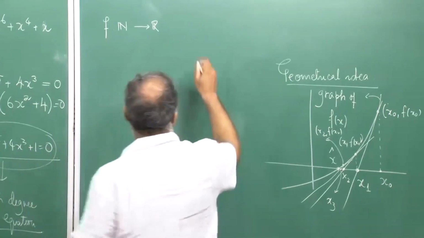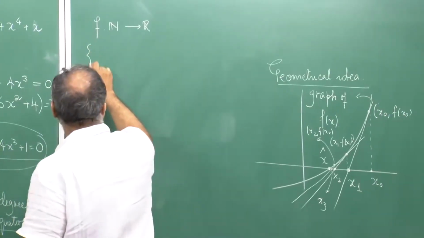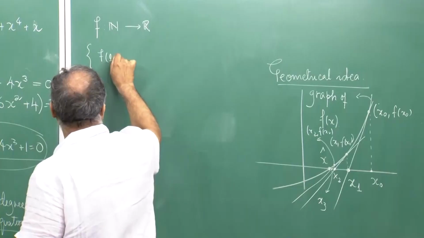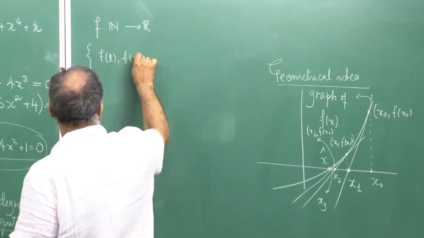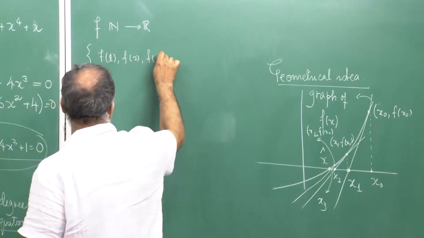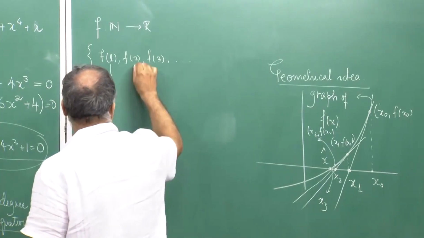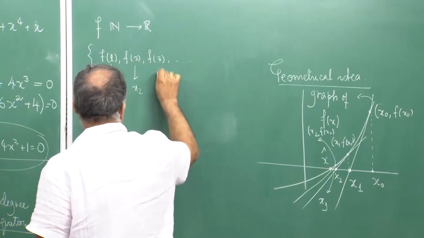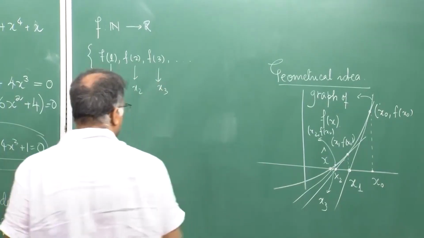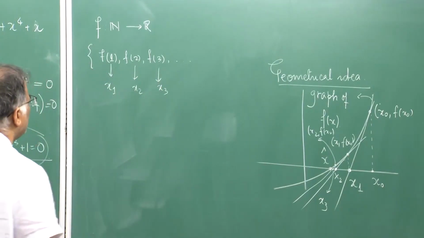You take every number 1, that is f1, and you list all the numbers f2, f3 and so on. This one we call x1, this one x2, this one x3. In our case, we have defined what is called a sequence.